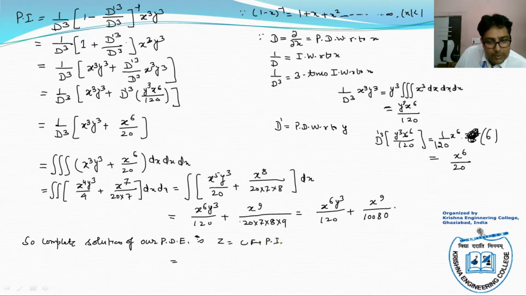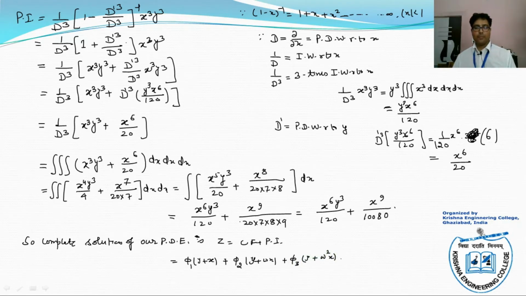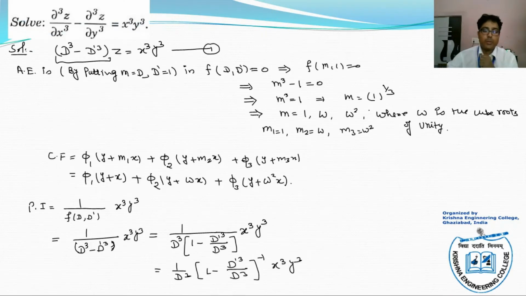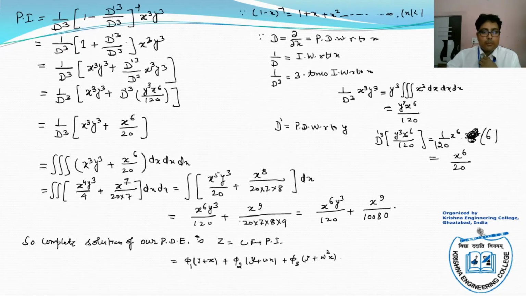The value of CF is φ1(y + x) plus φ2(y + ωx) plus φ3(y + ω²x). This is the complete solution of this equation. Clear?